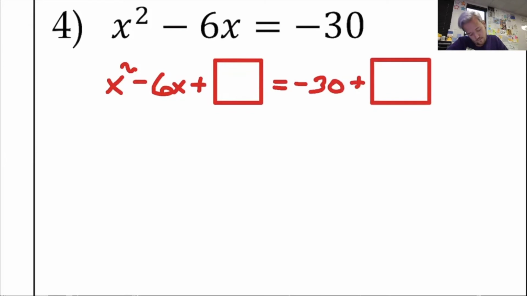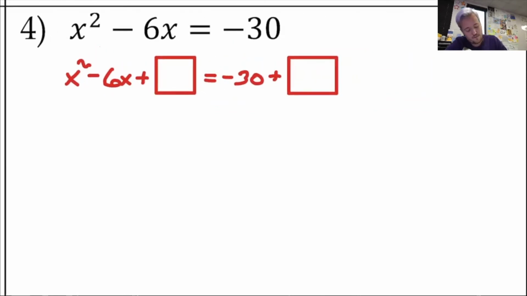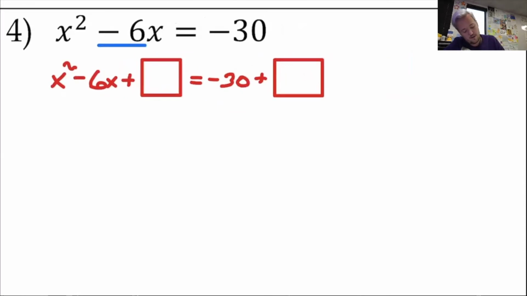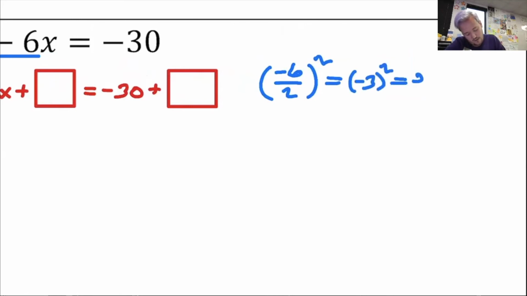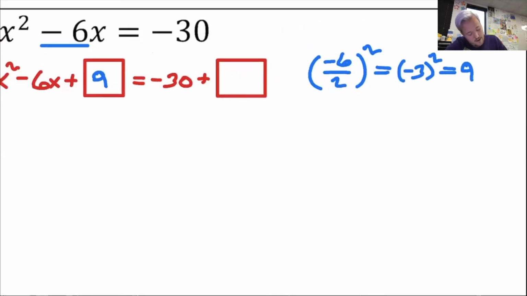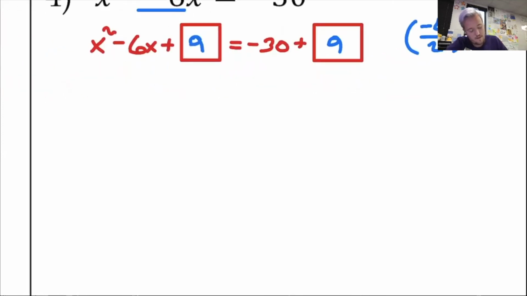Your b value here is -6. So -6 divided by 2 squared. So we're going to have -3 squared, which is equal to 9. So I'm going to add 9 to both sides.